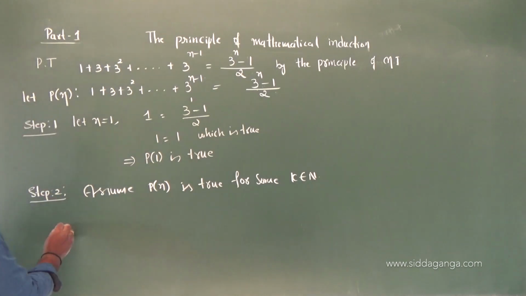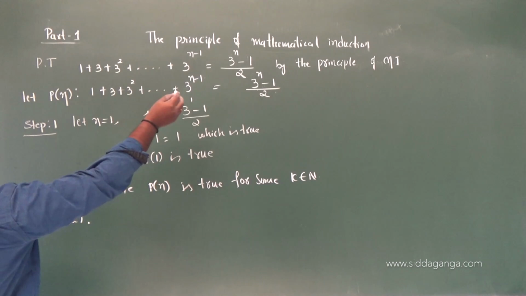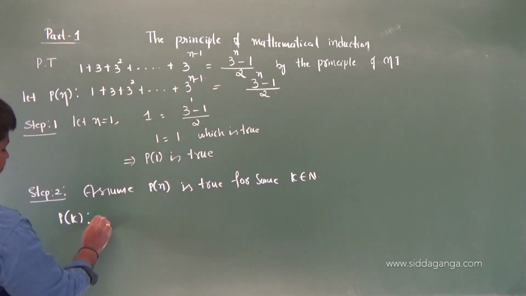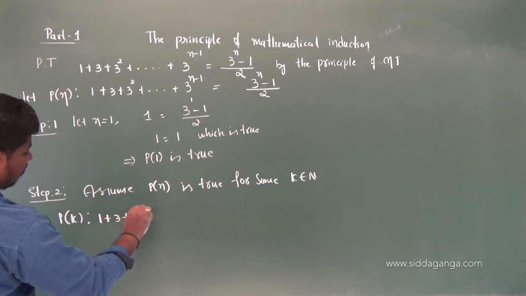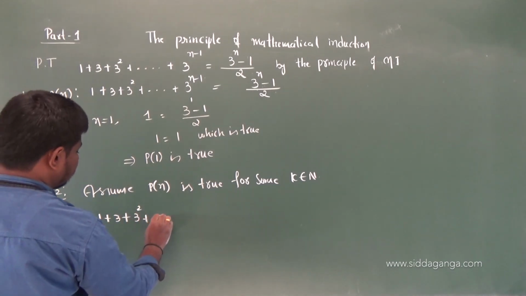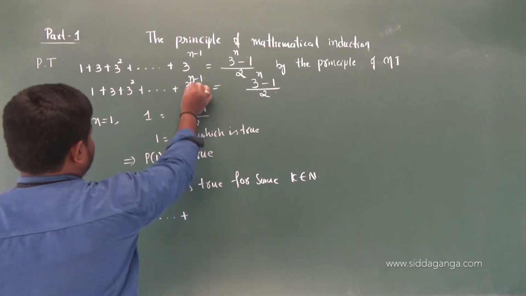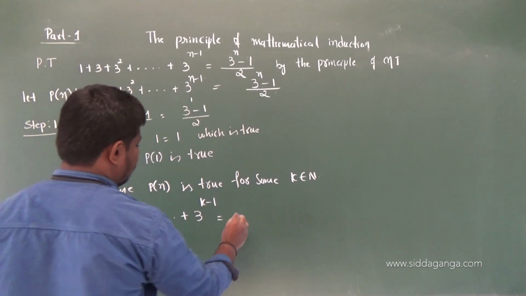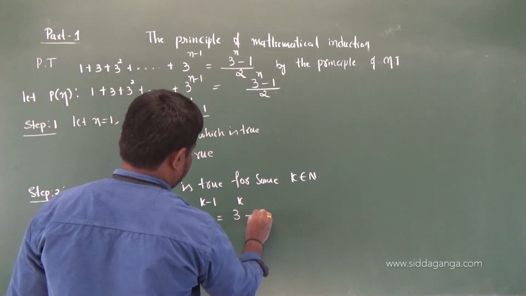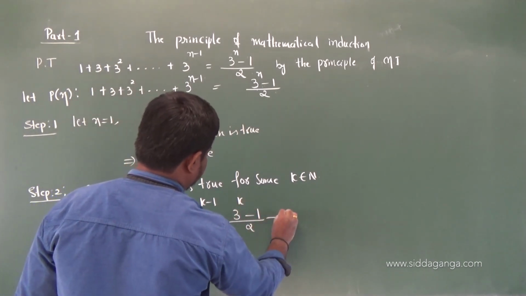That is P of k, as it is, but in place of n substitute k. Replace n by k, that's it. So 1 plus 3 plus 3 square and so on, 3 power of k minus 1 is equal to 3 power of k minus 1 whole divided by 2. Take it as equation 1.